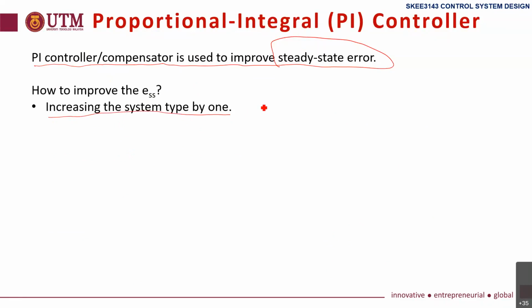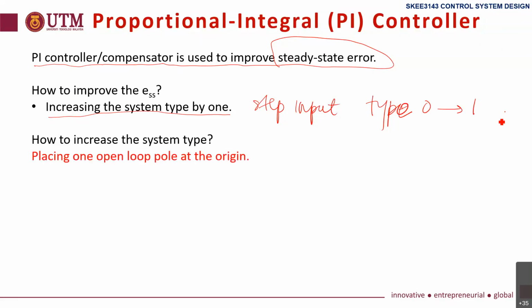Okay, let's say step input. I need to increase from type 0 to type 1. Increasing the system type, that is the only way we can get 0 error. How to increase the system type?